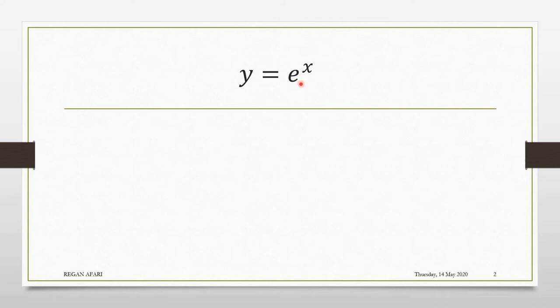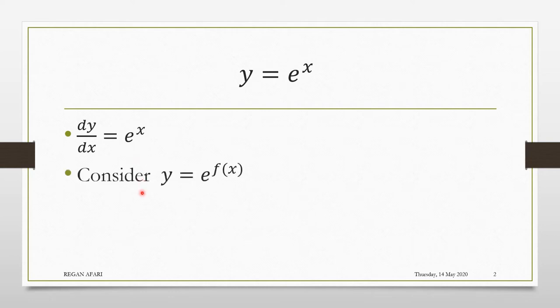So the differential of e to the power x is the same e to the power x, right? So dy/dx will give you the same thing. Based on this, we are going to generate a formula or a rule to help us deal with all kinds of differentials of exponential functions, okay?